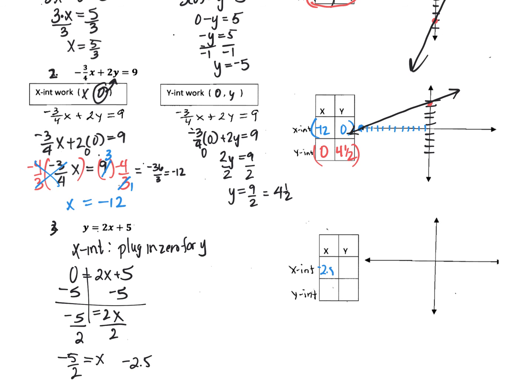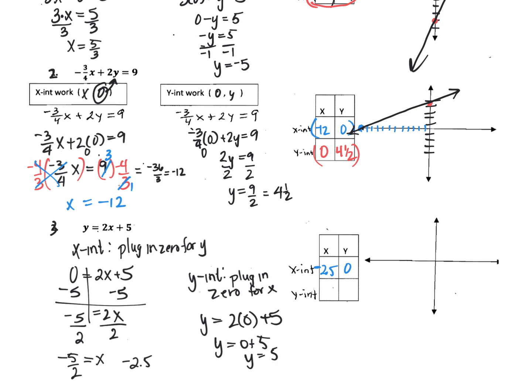So -2.5, 0. And to find my y-intercept, I'm going to plug in 0 for x. So y equals 2 times 0 plus 5. Y equals 0 plus 5, so y is 5. So 0, 5 is the y-intercept.